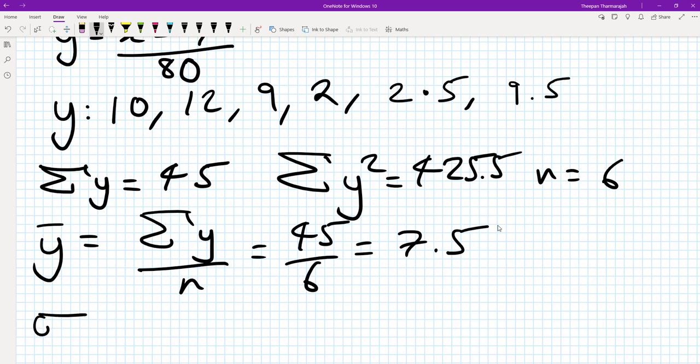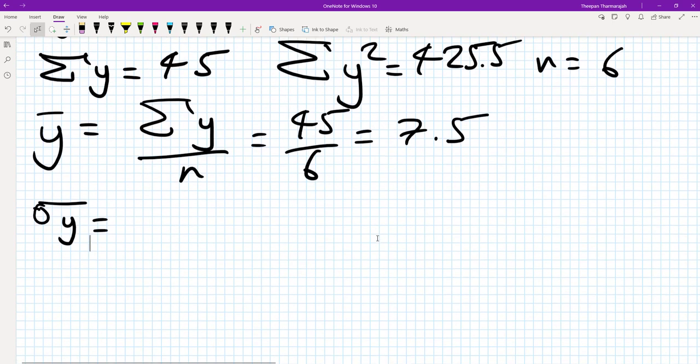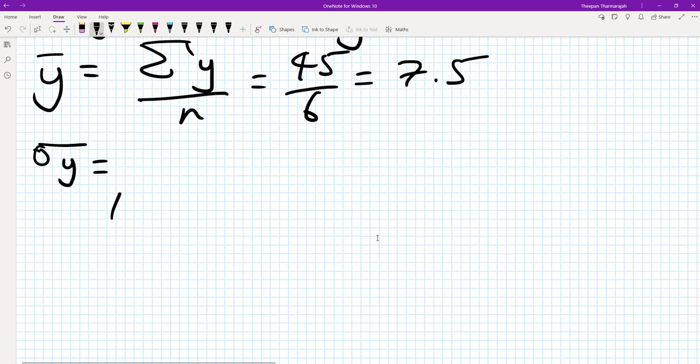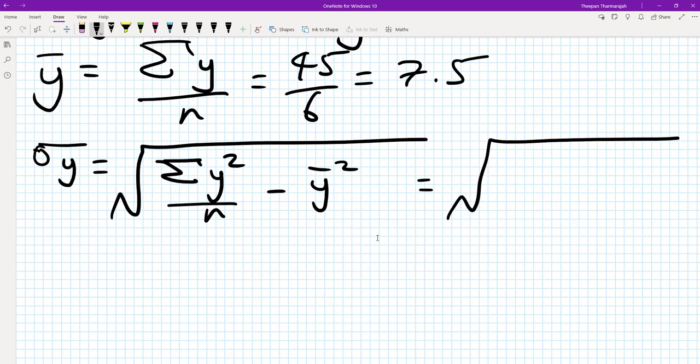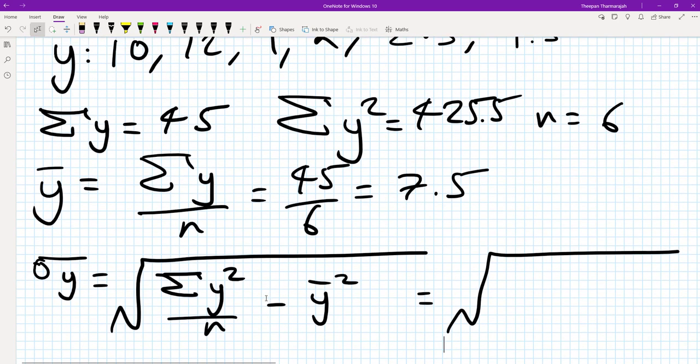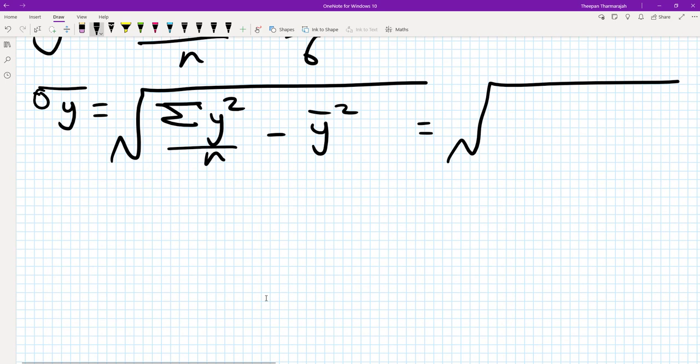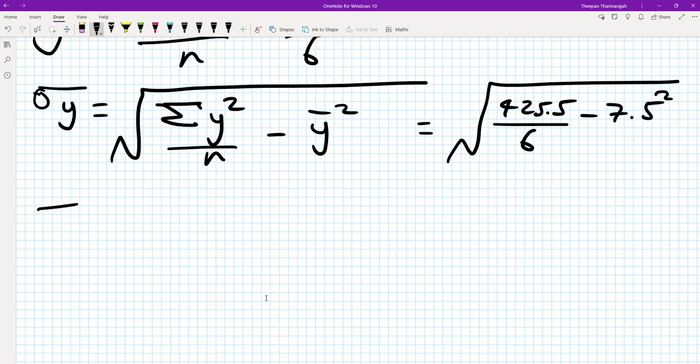Now we want to find sigma y. So we can write down the formula for the standard deviation, which is the square root of the sum of y squared over n minus the mean squared. So in our case, we've got this value ready, which is 425.5 over 6 minus 7.5 squared. So sigma y equals this.